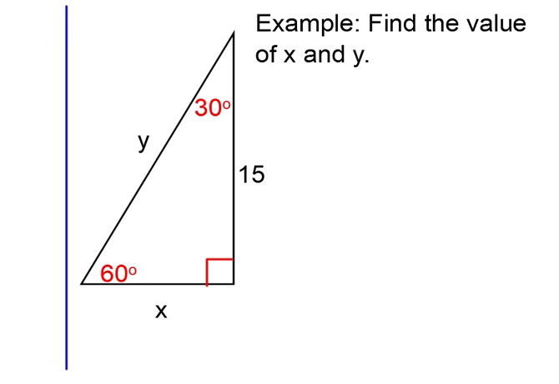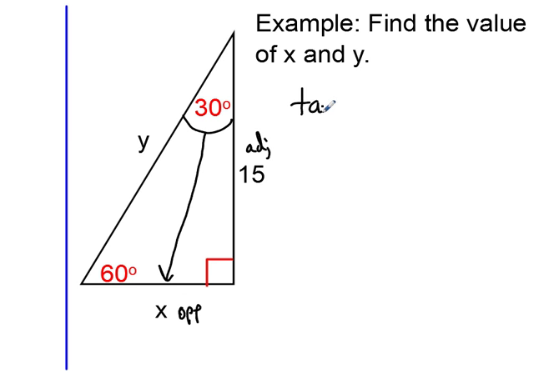Now it's time to start using our trig ratios to actually find the missing pieces, since now we know how to set up each of these ratios. For my x, I'm going to start off by using my 30. My 30 angle has an opposite side of x, and the other side that's given to me is my adjacent side. Opposite over adjacent is tangent.